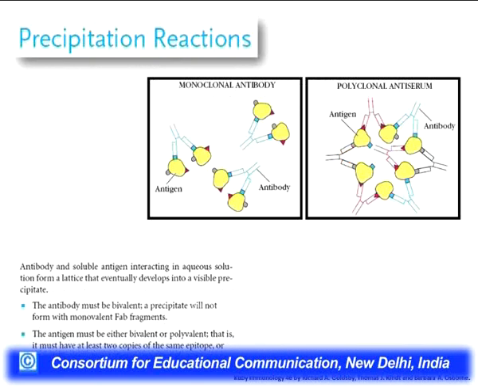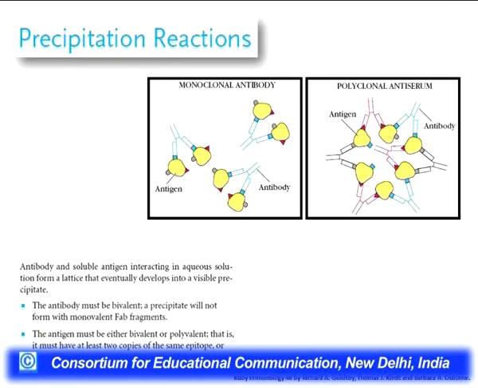Now, the first antibody-antigen interaction patterns were followed in the precipitation reaction. The precipitation reaction for the first time used the antigen-antibody interaction pattern. Precipitation is the antibody and antigen interaction in an aqueous solution, which forms a lattice that eventually develops into a visible precipitate.